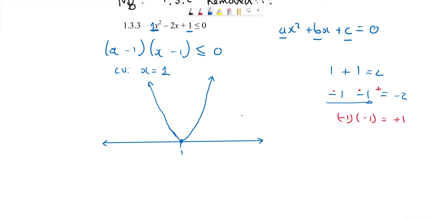Now remember that this is below 0 and this is above 0. Now I ask again, for which values of x is the graph below 0 or equal to 0? Here it is 0 or equal to 0.